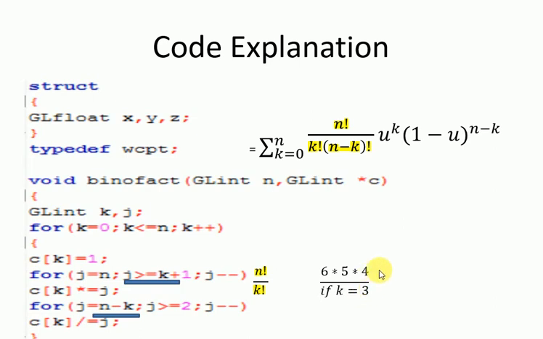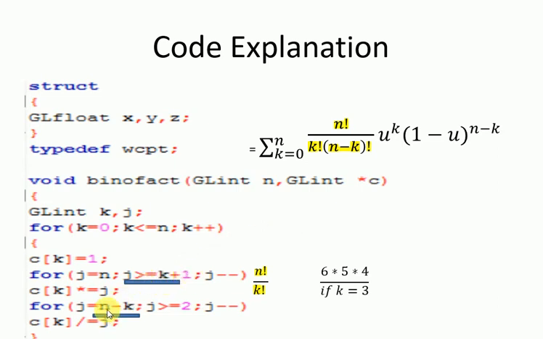So the 3 into 2, which is 6, is not taken. That's why it is k plus 1. Instead of taking k factorial, we have just taken this n factorial. That's all. So this part is avoided by taking k plus 1.